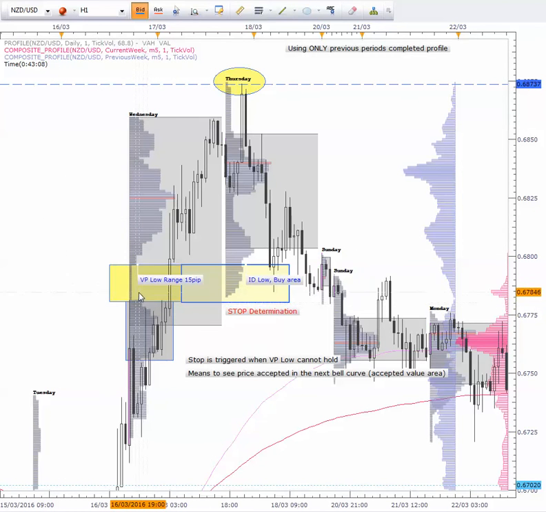If price broke through this low range and came into here and we see acceptance, then as price oscillates in and around this area here, I've got to get out.